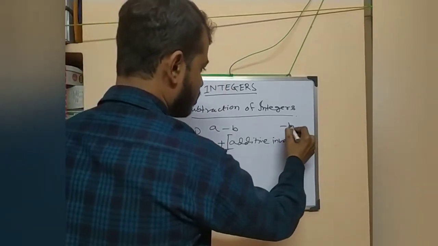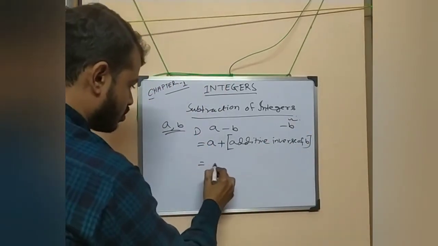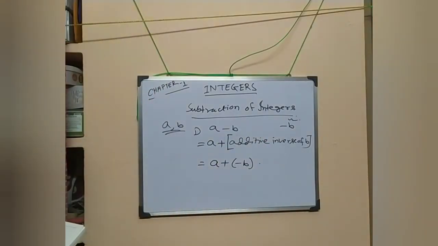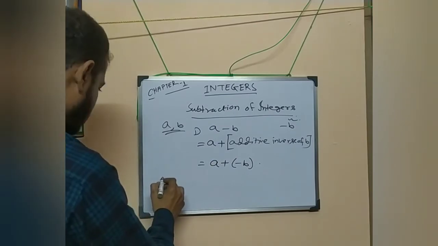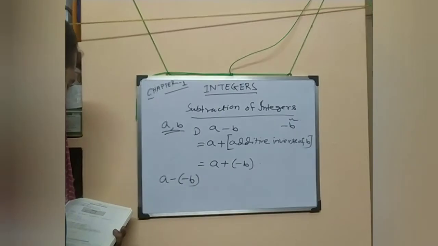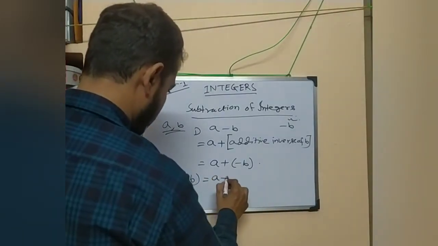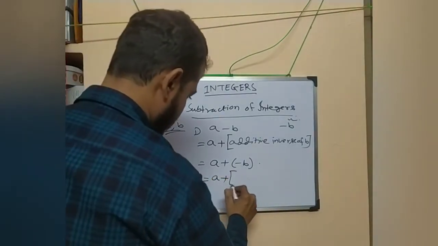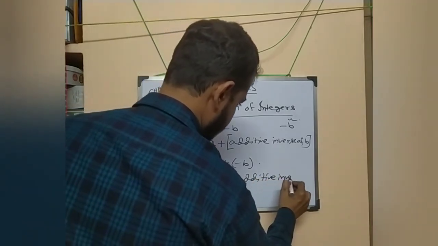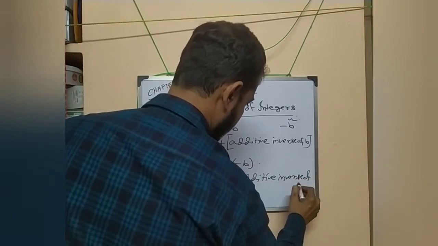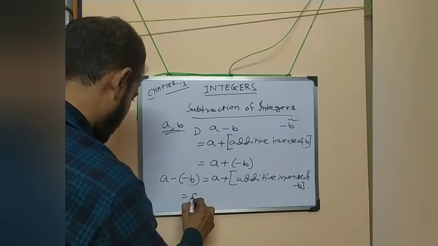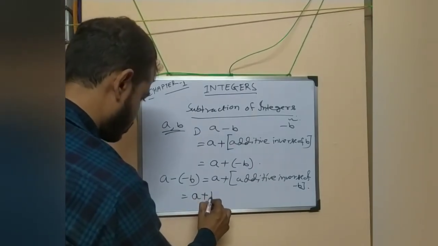Additive inverse of b means minus b, so we write here a plus minus of b. And a minus of minus b, that means a plus the additive inverse of minus b. That means a plus b.